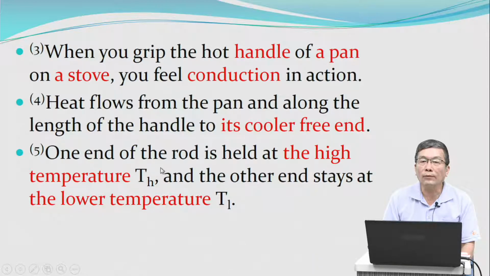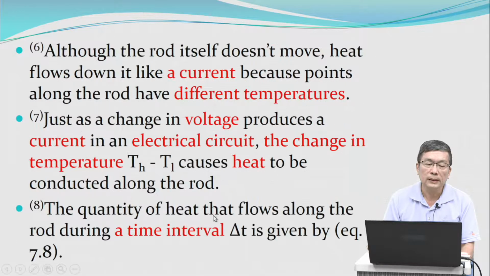One end of the rod is held at high temperature, T sub H, and the other end stays at the lower temperature, T sub L. Although the rod itself doesn't move, heat flows down it like a current, because points along the rod have different temperatures.